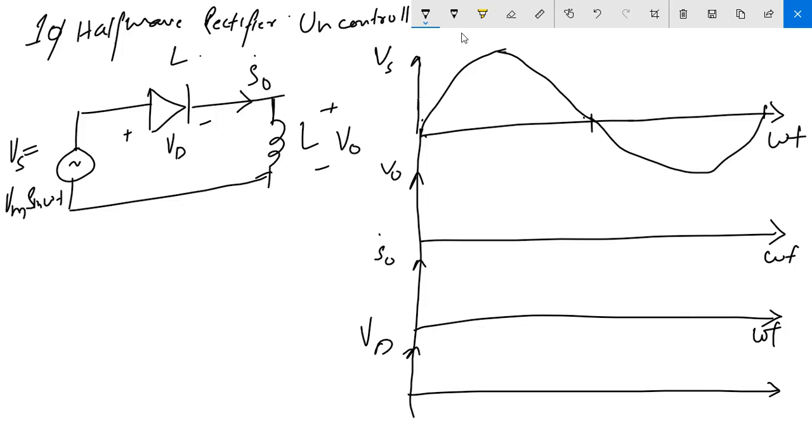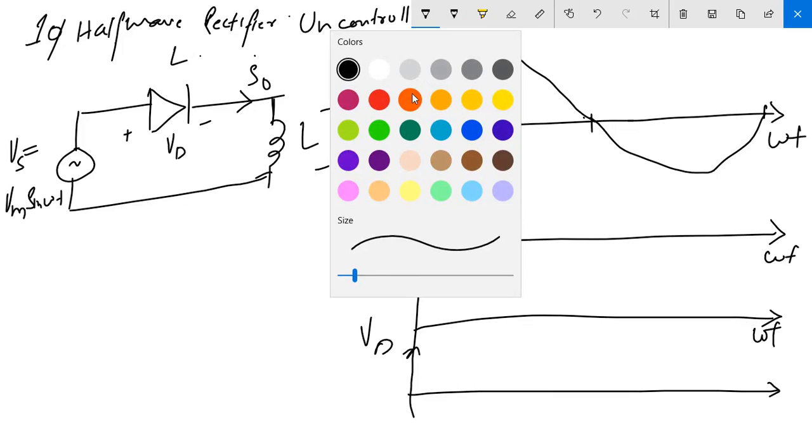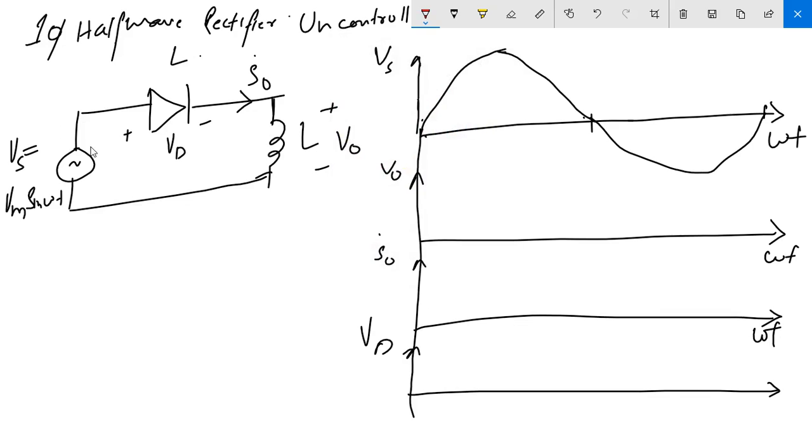So what happens during the positive half cycle? Your potential is positive on this side and negative on this side, so the diode will be forward biased and it will be on.